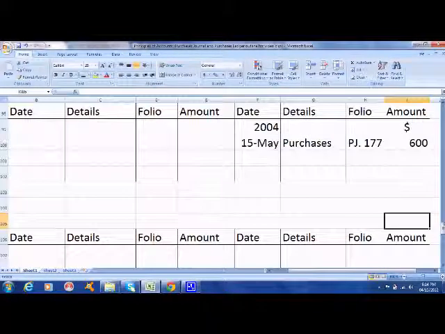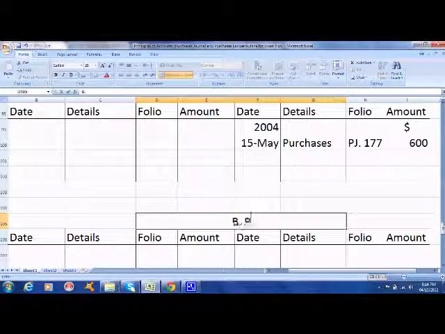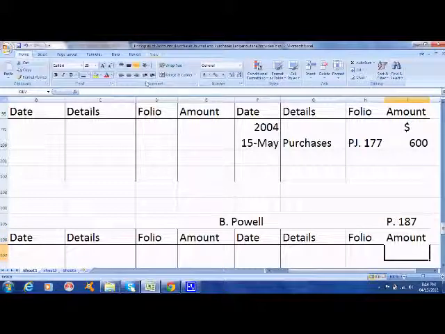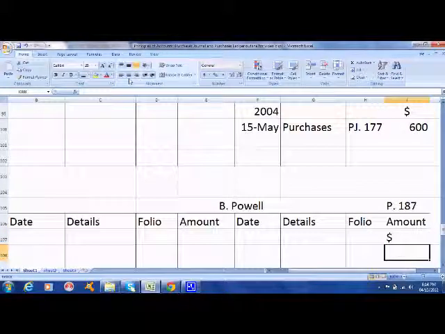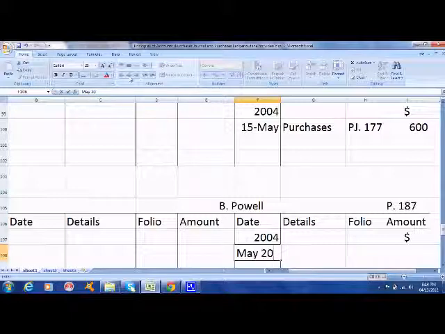Next is Mr. B. Powell. I hope you're following me. The page number is page 187, friends. And then I just put in this little dollar sign right here. I should have done it a while ago, but I didn't. So 2004, May 20.